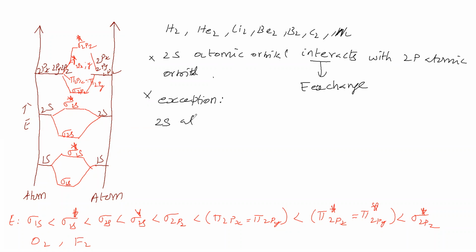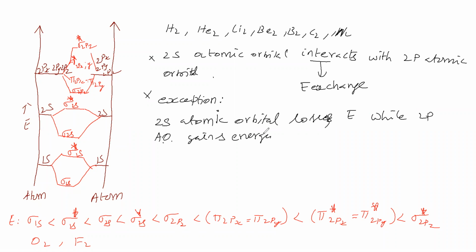The 2s atomic orbital loses energy, while the 2p atomic orbital gains energy. The 2p atomic orbital means three atomic orbitals are possible, 2px, 2py, 2pz.